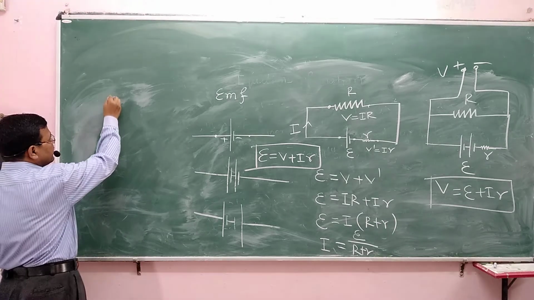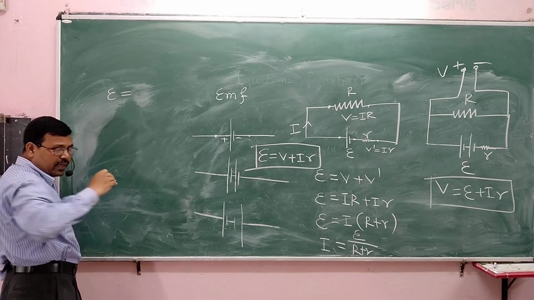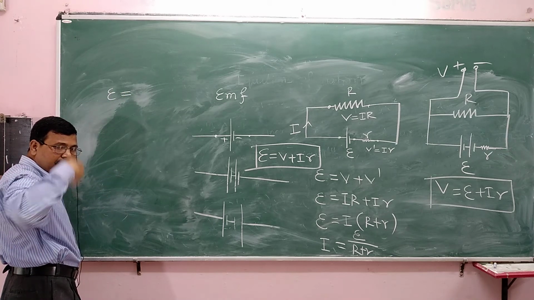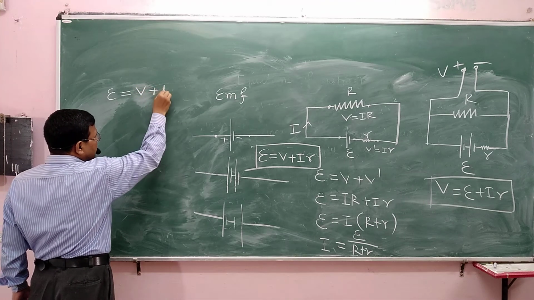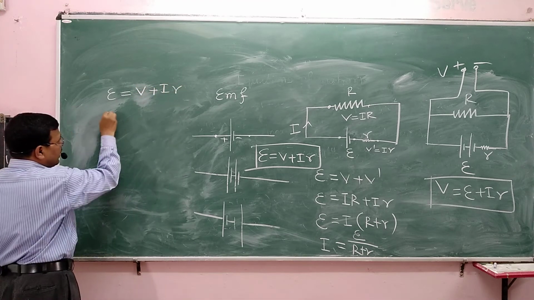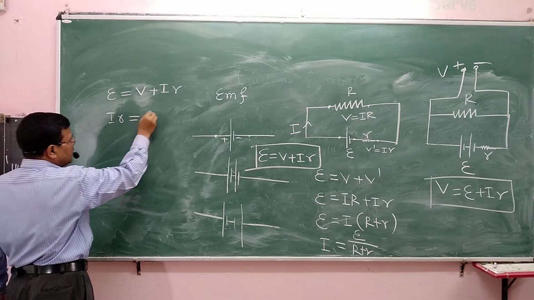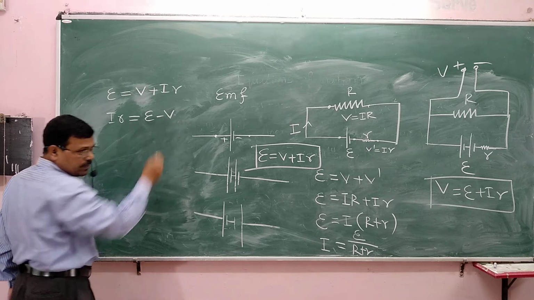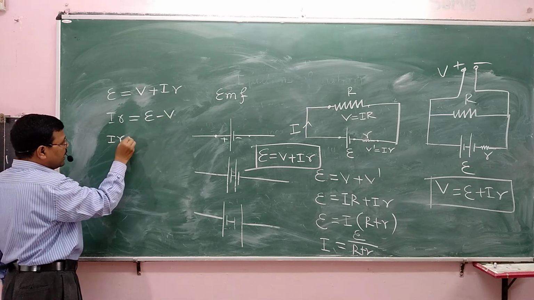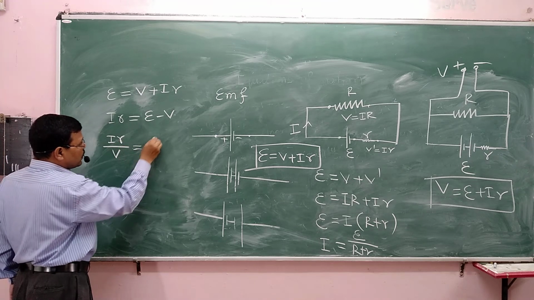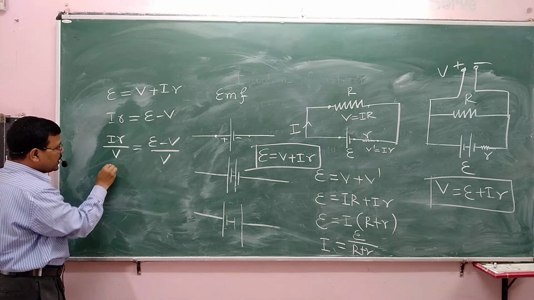As we know, when the cell is under discharging, E is equal to V plus Ir, or Ir is equal to E minus V. Divide this equation by V. Ir by V is equal to E minus V by V. What is V?